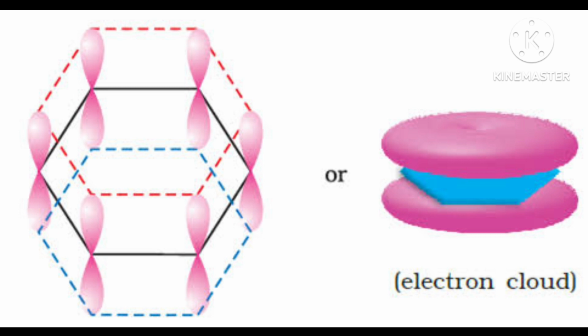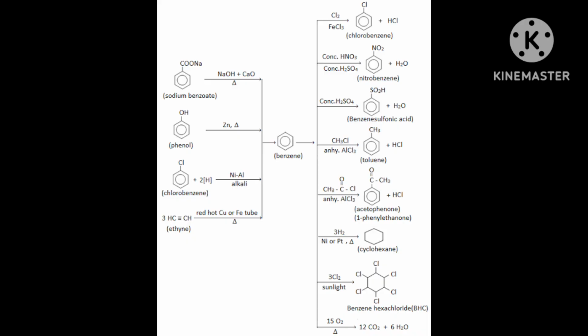This is one way we get benzene, plus Na2CO3, because NaOH has Na and COONa has Na, so it will form Na2CO3.